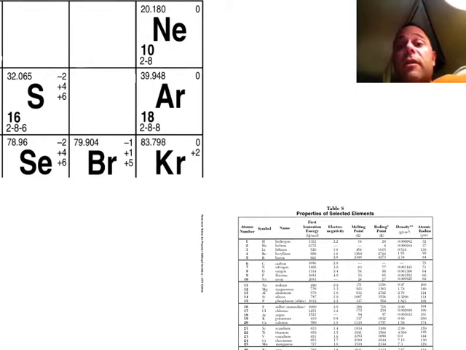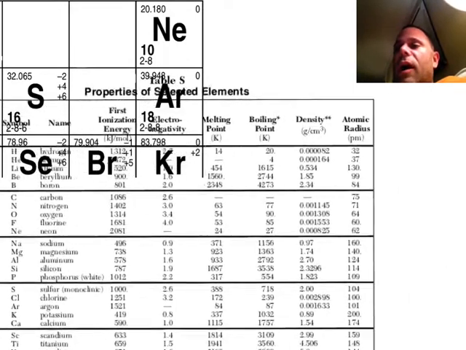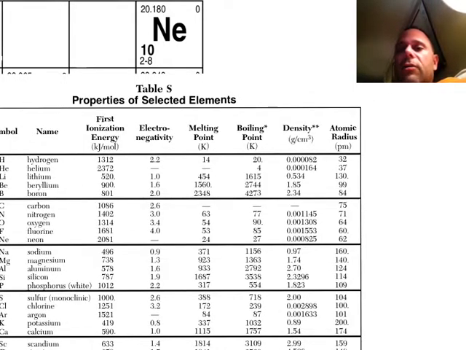All right, now let's explore the atomic radius. For oxygen, the atomic radius is 64. Units are in picometers. That's really small. Fluorine is 60.